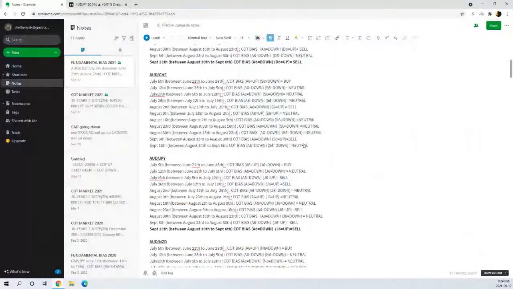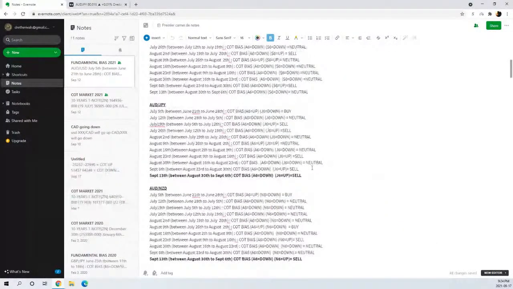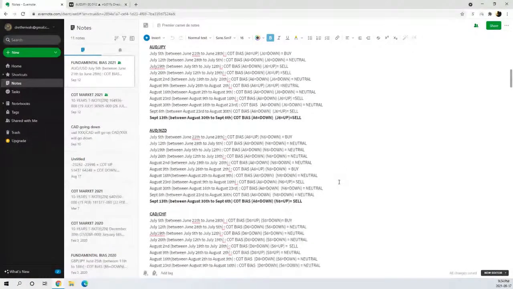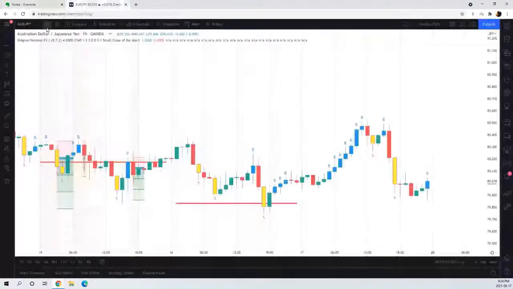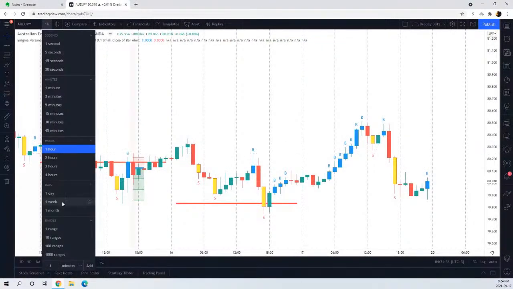I'm just gonna give you a few examples, if we have any example with Enigma, where I'll show them to you, but not all of them, just to give you a gist of what it is and how it works. So AUD NZD. Let's look at this one. AUD NZD. Same thing.